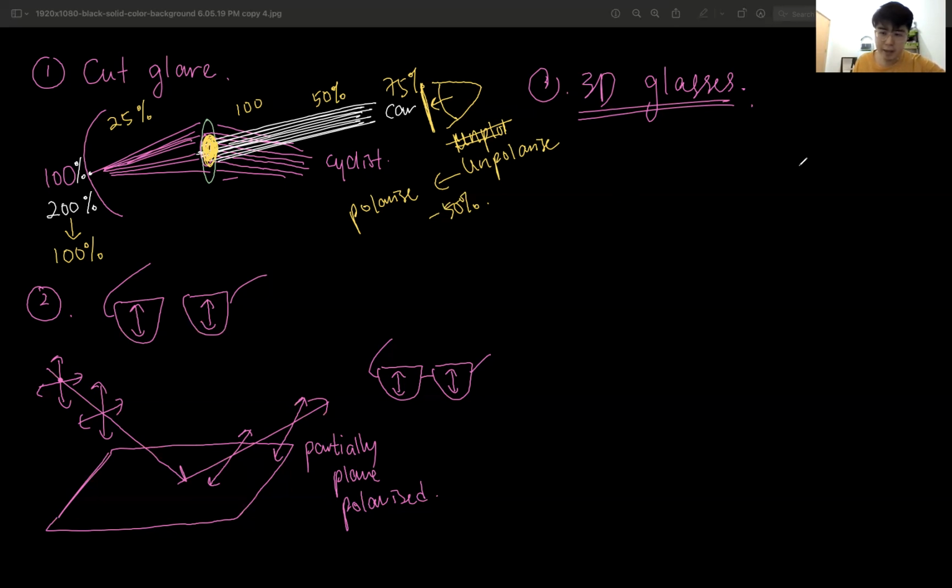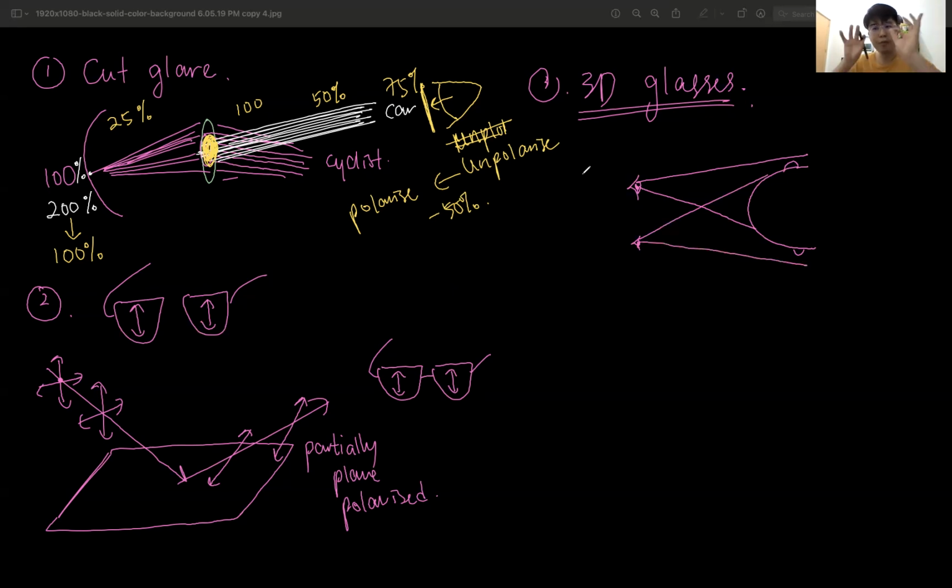Let's say you're seeing the face of a person. One eye can see here, until here. This eye can see the left ear, but cannot see the right ear. And the other eye can see the right ear, but cannot see the left ear.